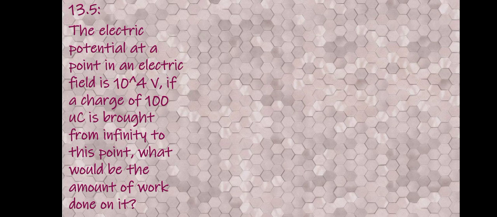Here the potential at the point to which we have to take that charge is given, which is 10 raised to power 4 volts, and the charge we are taking to that point is 100 microcoulombs. So how much work do you have to do?